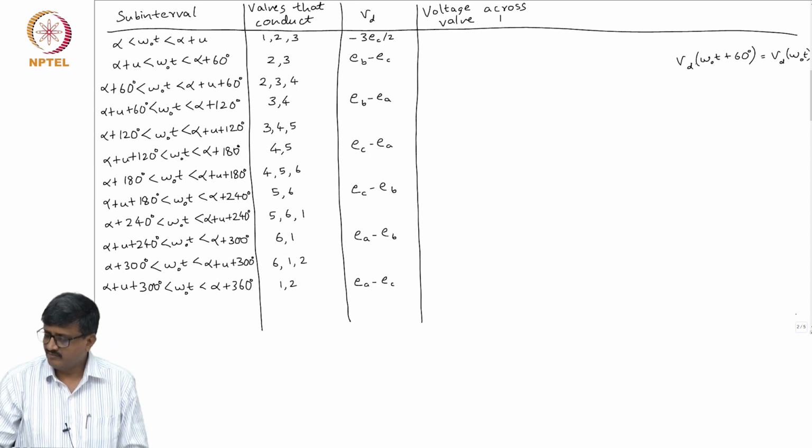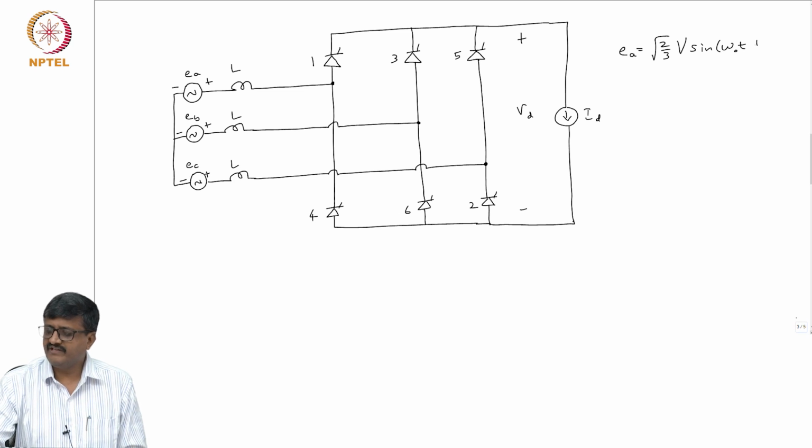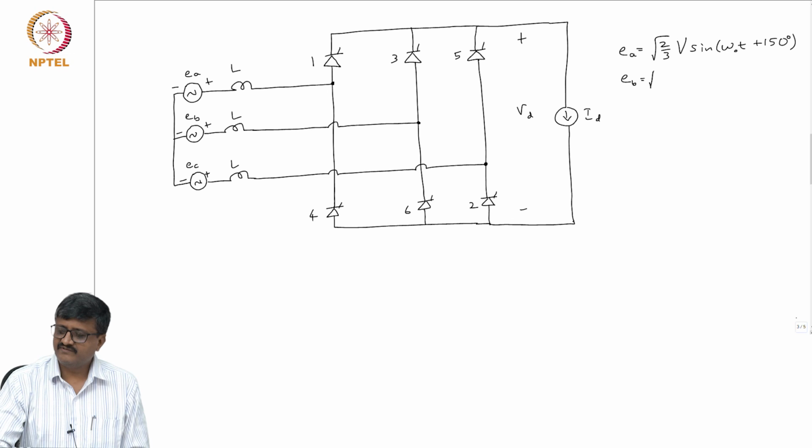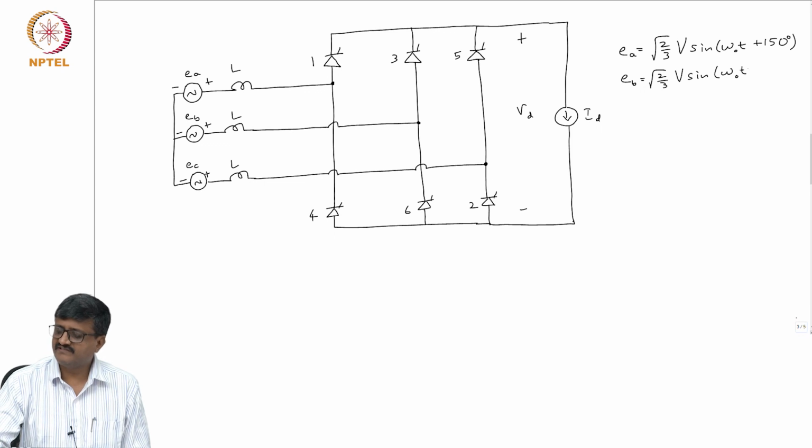Okay, let us look at the expressions. EA is root 2 by 3 V sin omega OT plus 150 degrees. EB is root 2 by 3 V sin omega OT plus 30 degrees.